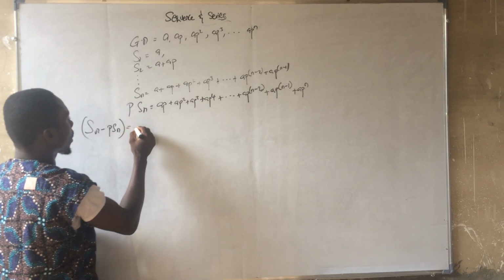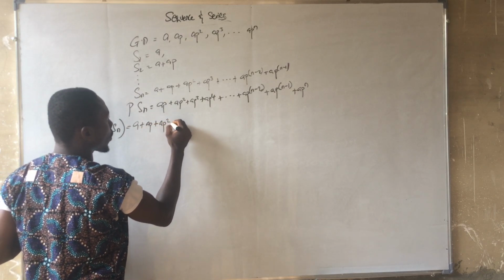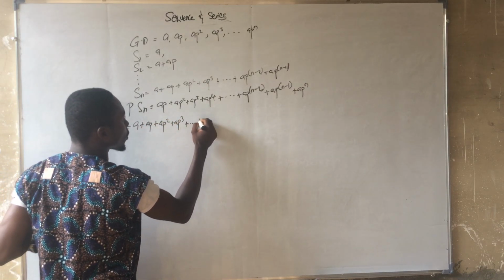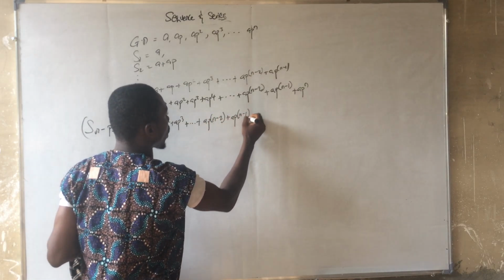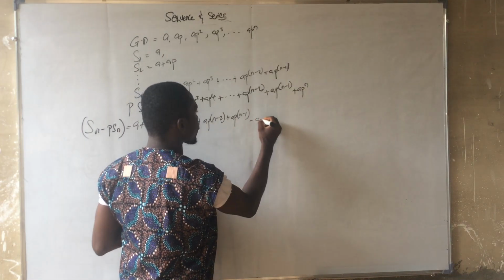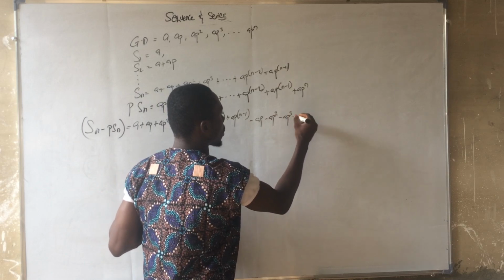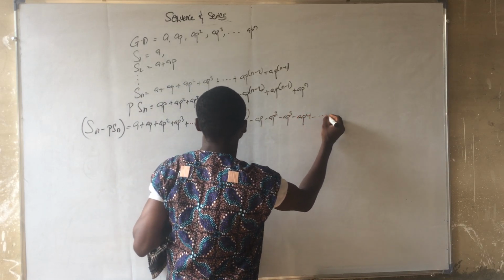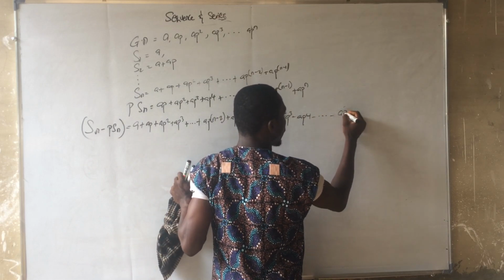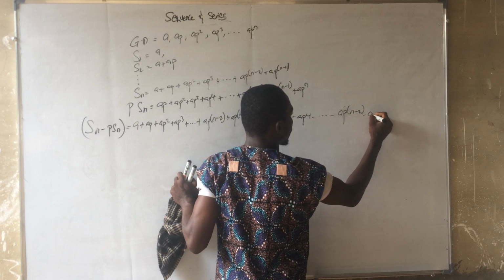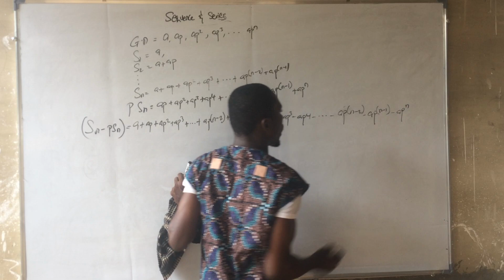Now this is going to give us A plus AP plus AP square plus AP cube plus dot dot dot plus AP^(n-2) plus AP^(n-1), now minus AP square minus AP cube minus AP raised to the power 4 minus dot dot dot minus AP^(n-2) minus AP^(n-1) minus AP^n.